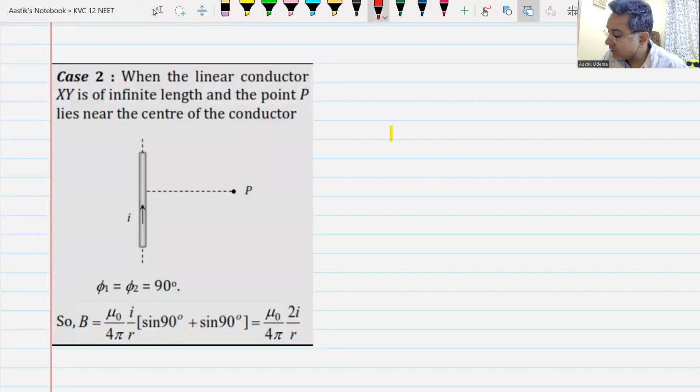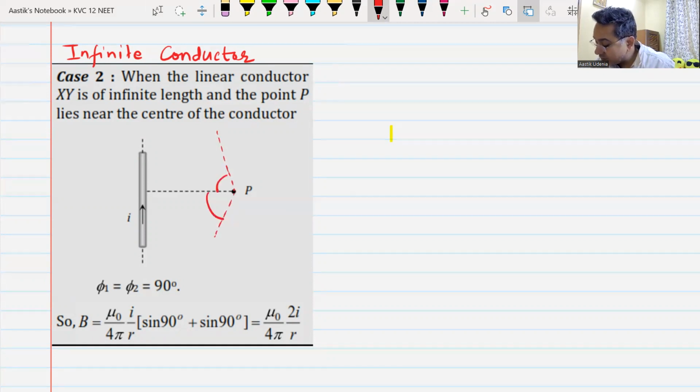Infinite means the length of this conductor is very, very large. Now, when the conductor becomes infinite, you have to join this point to infinity and you have to join this point to infinity.